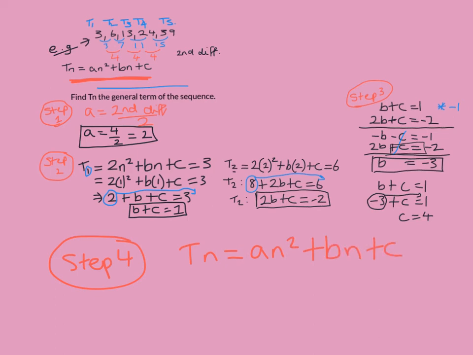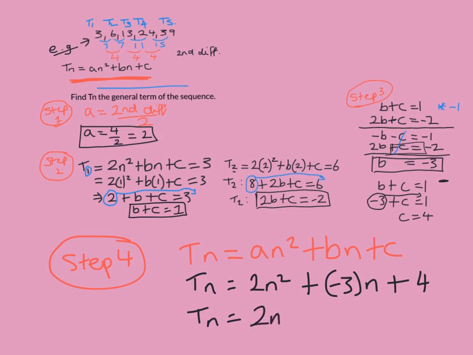I know now that my a is equal to 2, so Tn equals 2n squared plus my b, which I found here, minus 3n, and then my c is 4. If I simplify that, I get 2n squared minus 3n plus 4. And that's my general term of the sequence.